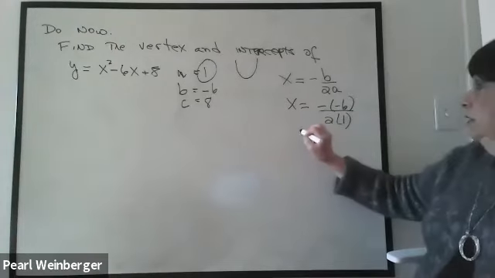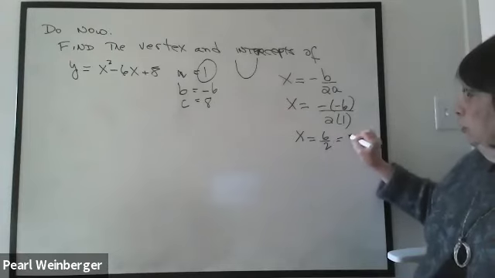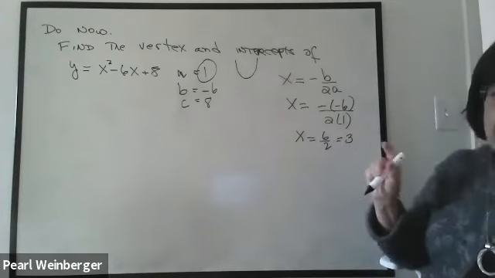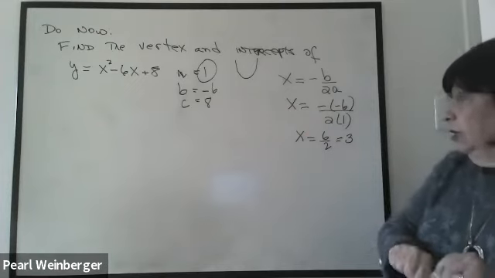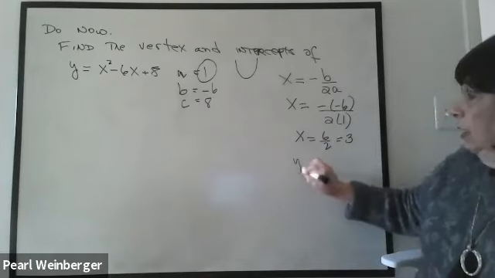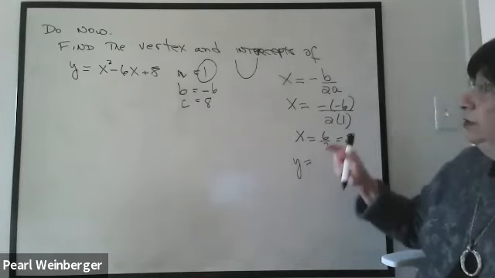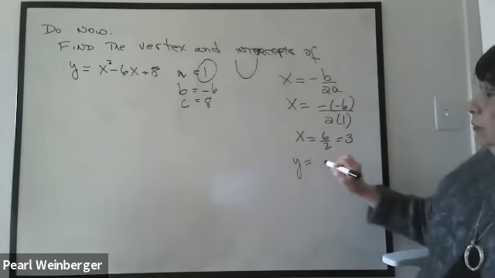And therefore, this gives me +6 over 2, which is 3. That is not the whole vertex, because the vertex is a point. So not only do we need an x value, we also need the y value.